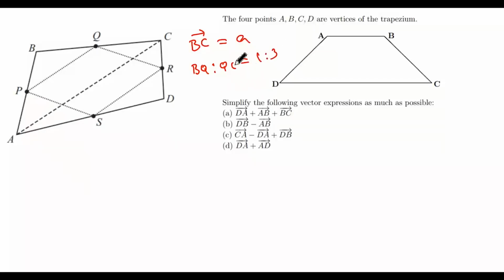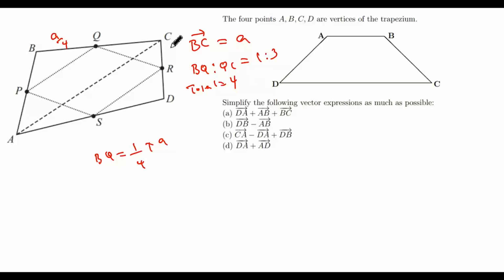From this, you have to find the total ratio, which is equal to 4. Then you can get BQ. BQ will be 1 out of 4 multiplied by A, so BQ will be A over 4.